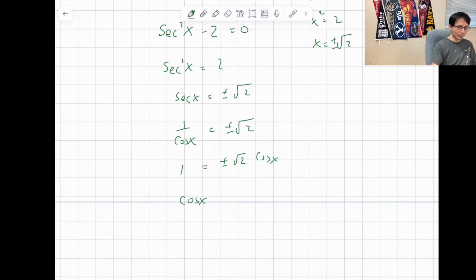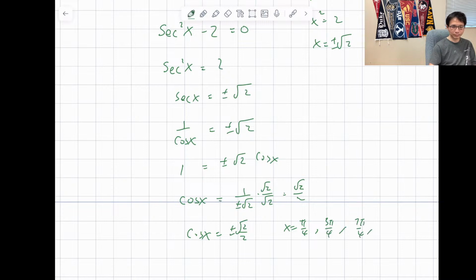So that's 1 over plus minus square root 2, which can be rationalized, so it's square root 2 over 2. So cosine of x equal to plus minus square root 2 over 2, which is something that we know. Just convert to something that we know, and we can solve the equation. So x is equal to all the pi over 4s. And that's it, you're done.